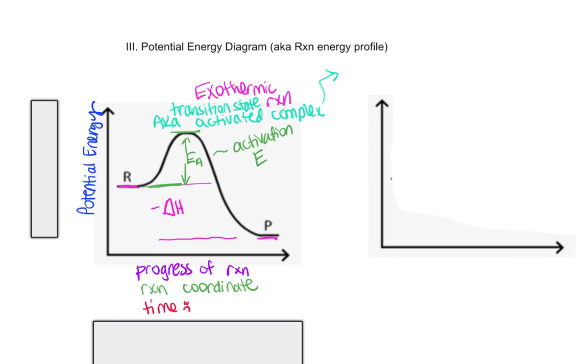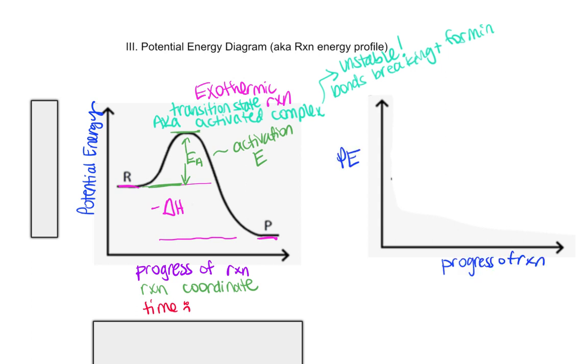So your activated complex or your transition state, it's really unstable, okay? We can't isolate this and put it in a jar in the prep room and then really study it. And what's happening in the transition state is that bonds are simultaneously breaking and forming at the same time.